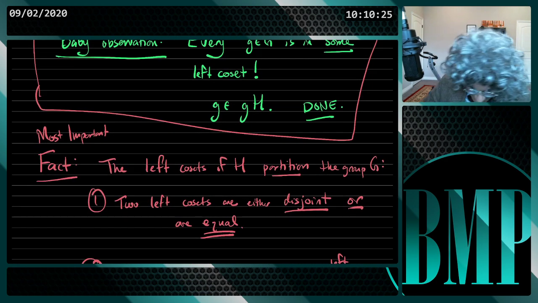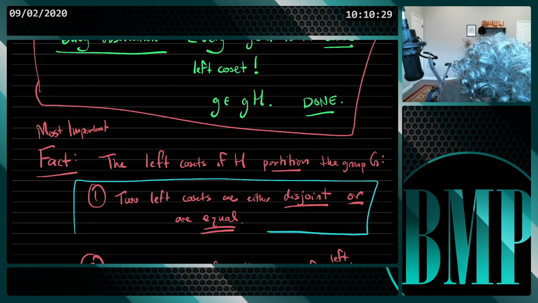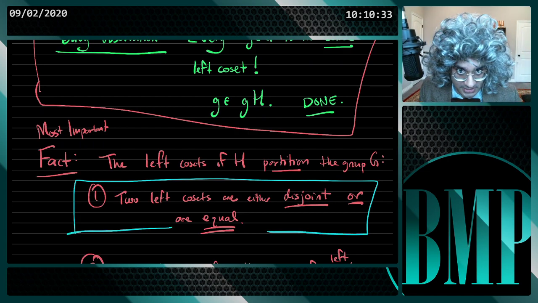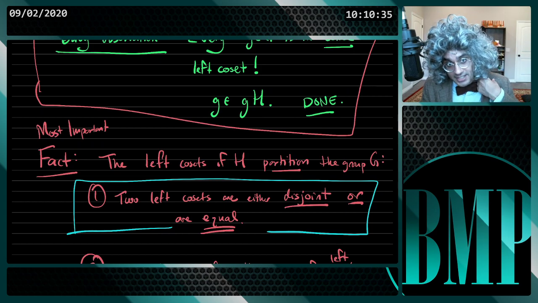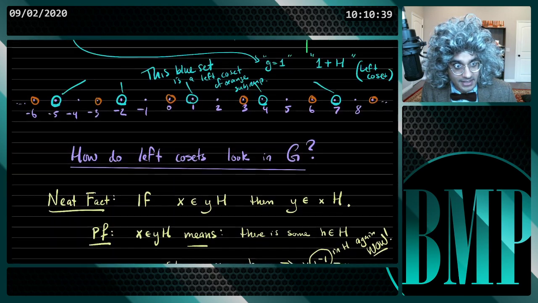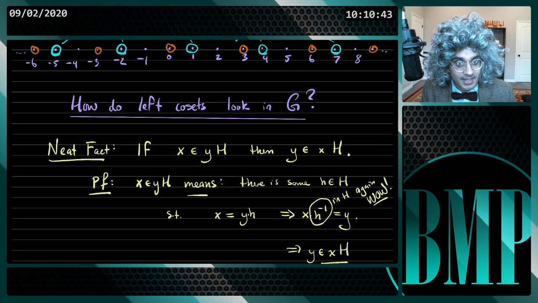And that number one, this fundamental disjoint or equal, either you're with us or you're against us, follows by combining the first couple baby facts.